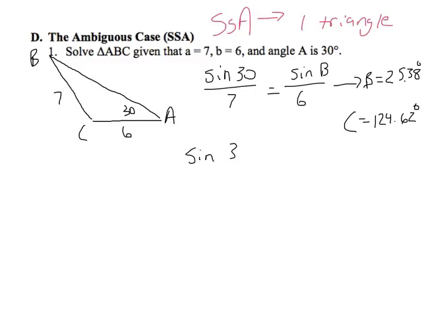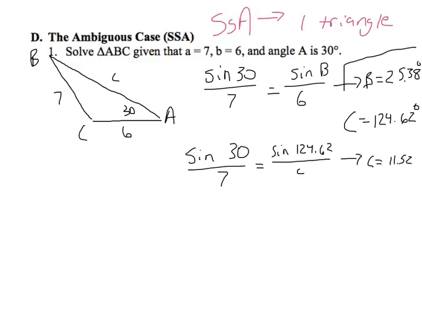So we'd say sine of 30 over 7 equals sine of 124.62 over little c. We're looking for little c right there. I cross multiply and divide, and I would come up with little c equals about 11.52.